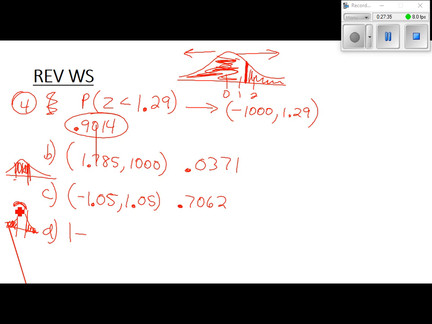You want to do them separately? The bad thing about doing them separately is, if these two numbers are the same, then we just got to multiply it by 2. If the two numbers are different, then you got to do them both and add them together. All right?